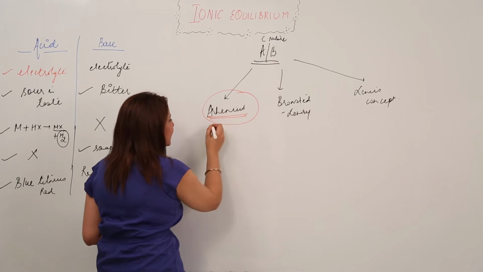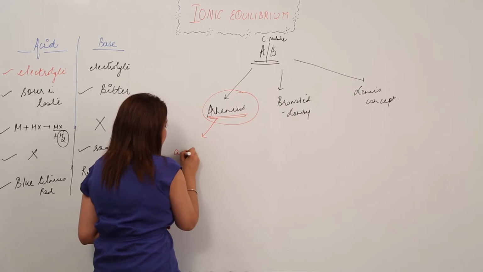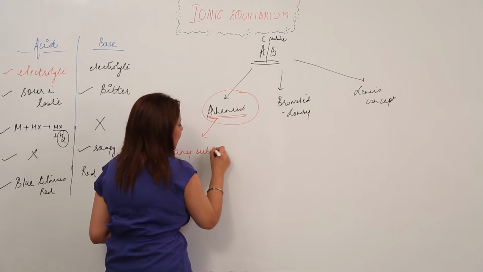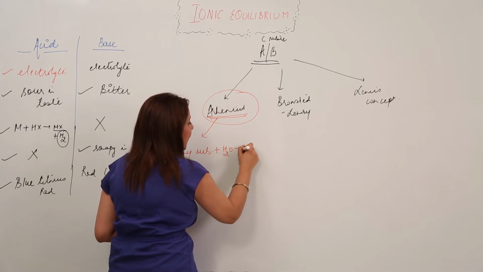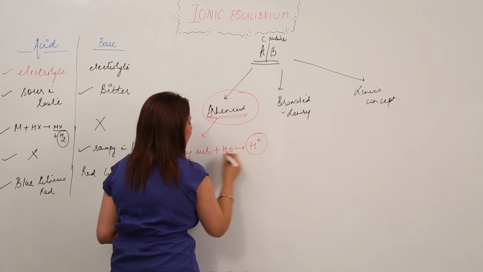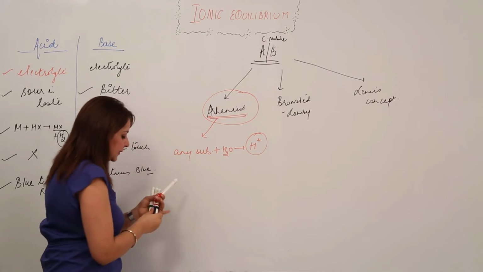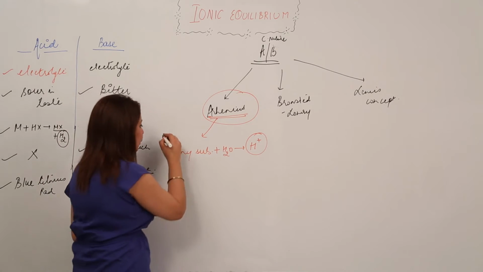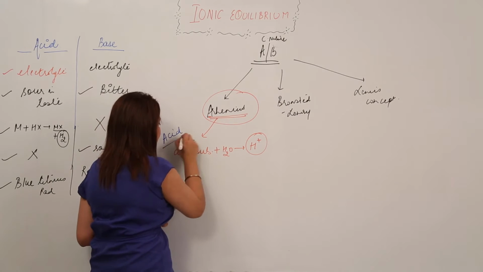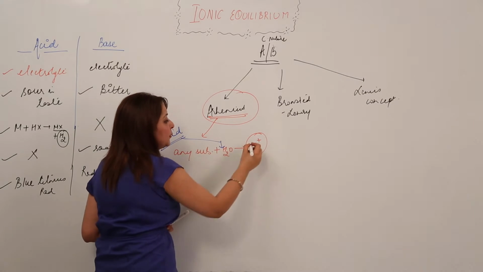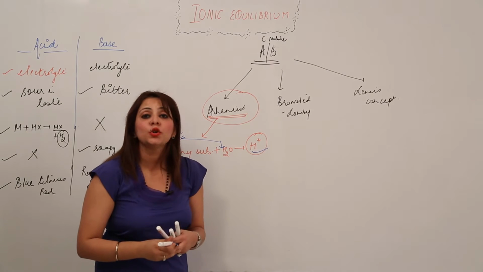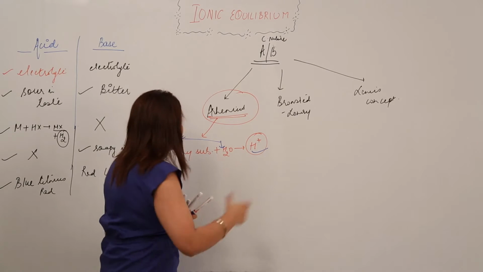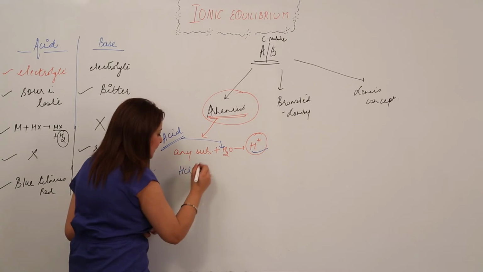Arrhenius said that any substance which, when dissolved in water, produces hydrogen ion is called an acid. For example, HCl.